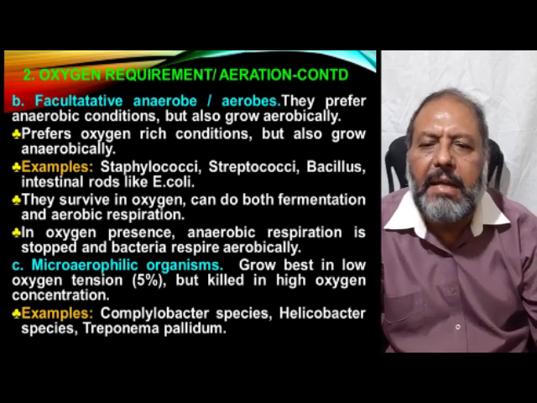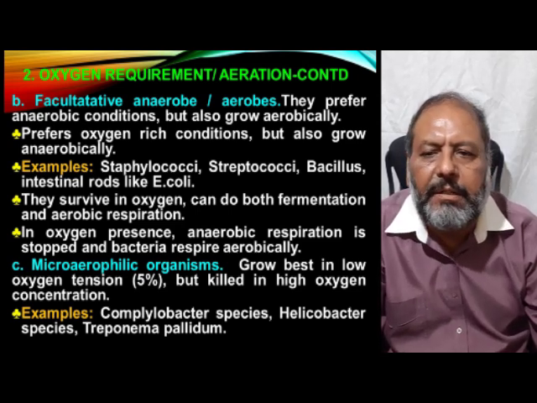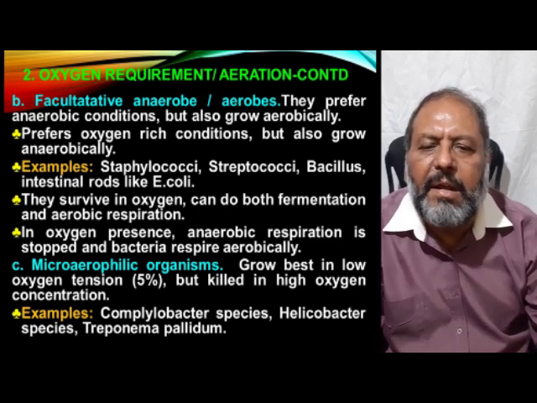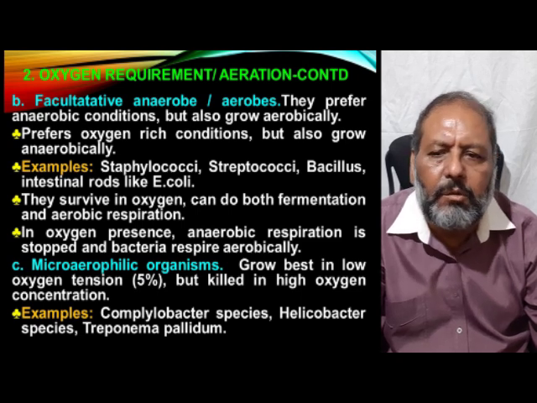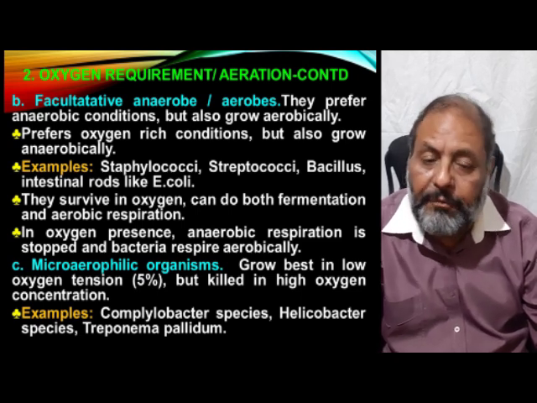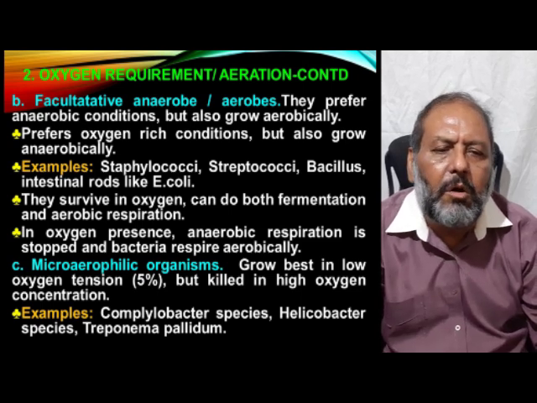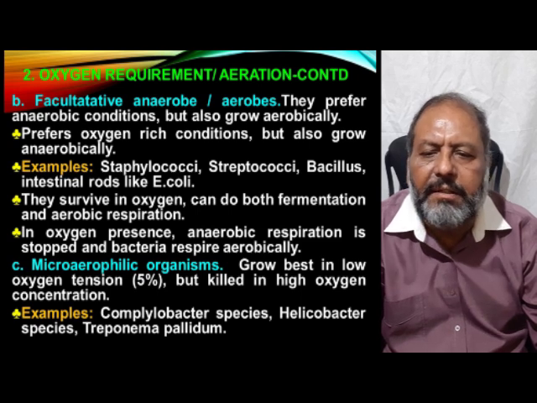Then facultative anaerobes. They prefer anaerobic conditions, but they can also grow aerobically. They can grow both ways, but they prefer oxygen-rich conditions, and can also grow anaerobically if the conditions are there. Examples: Staphylococcus, Bacillus, intestinal rods like E. coli.